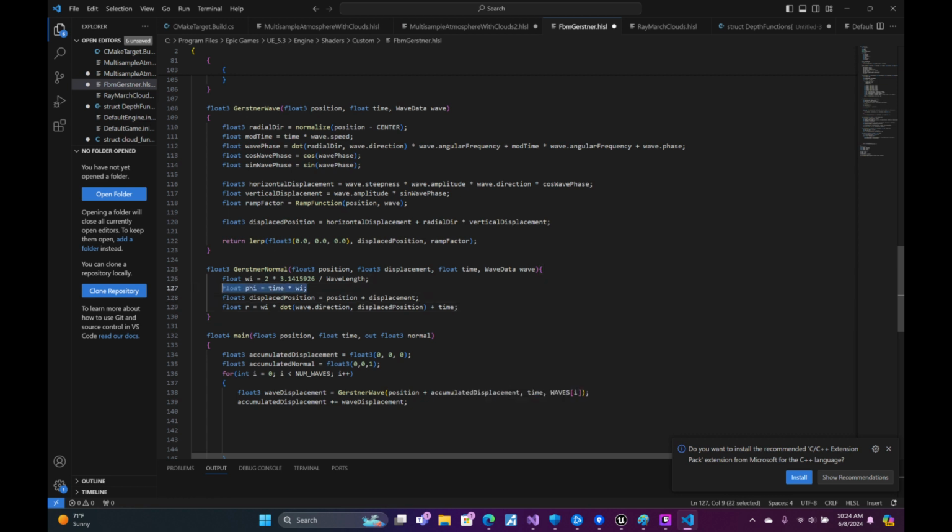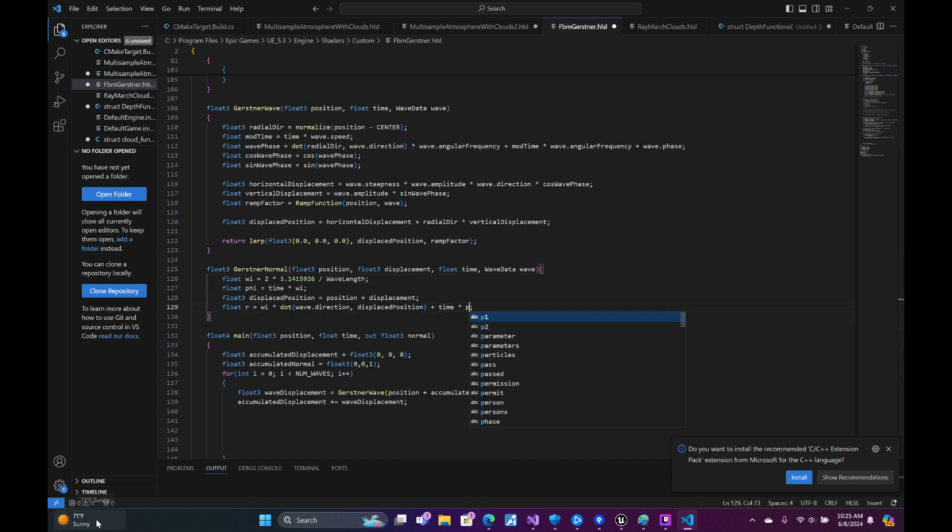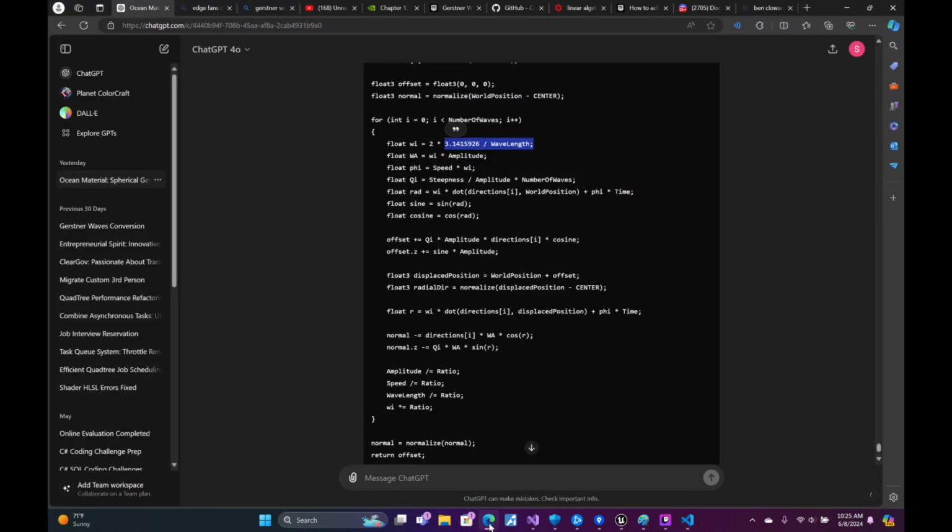So we can just get rid of that. This is just our modified. Wait. Is this our phase? We'll just leave it for now. We're gonna have to fix all this anyway.